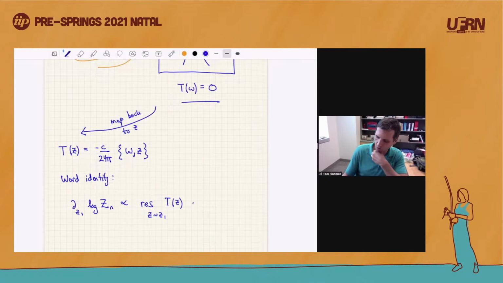If you work through the algebra and the Schwarzian derivatives, what you'll find is that this is 1 minus 1 over n squared times 1 over z1 minus z2.